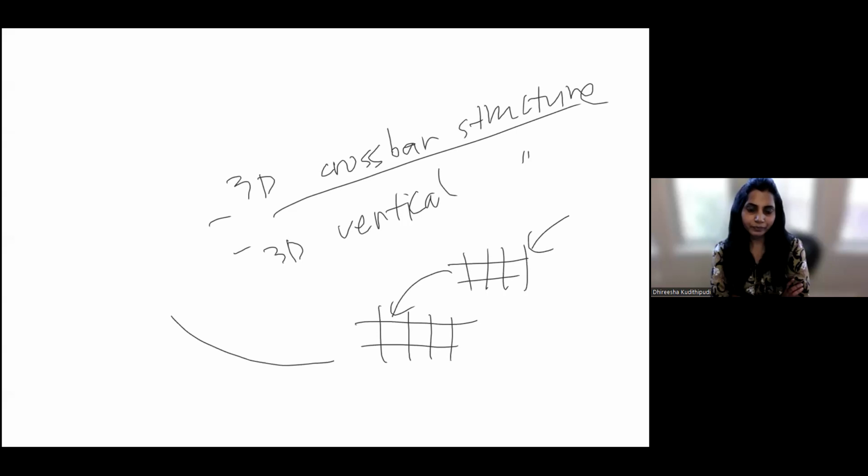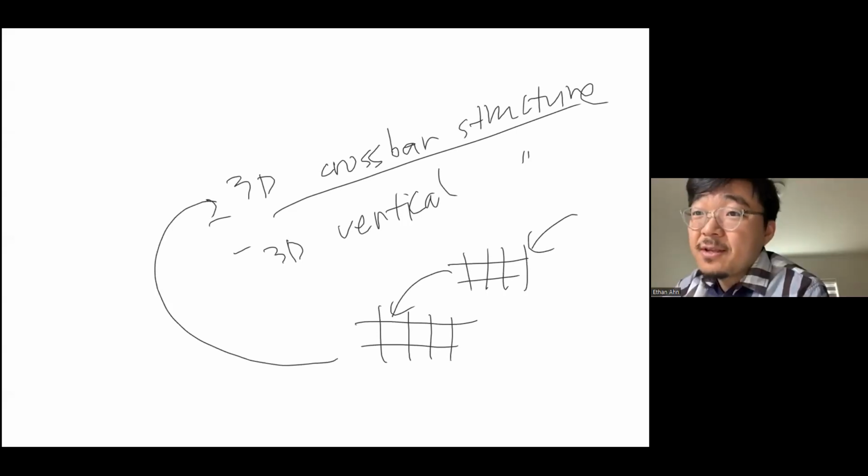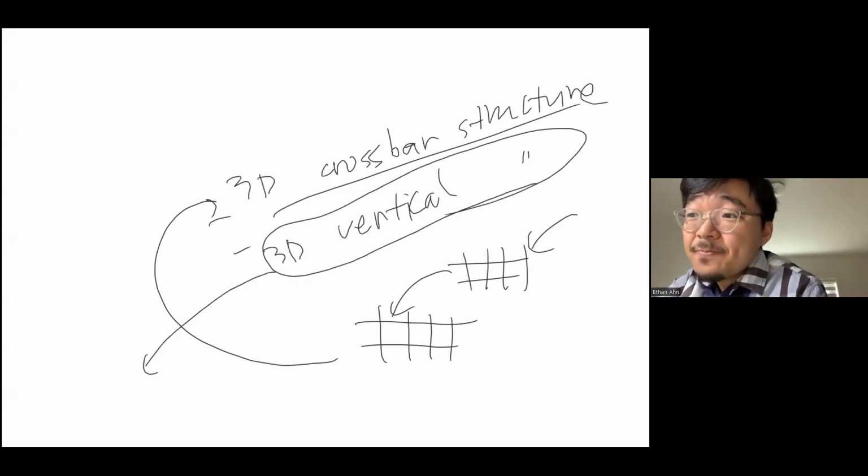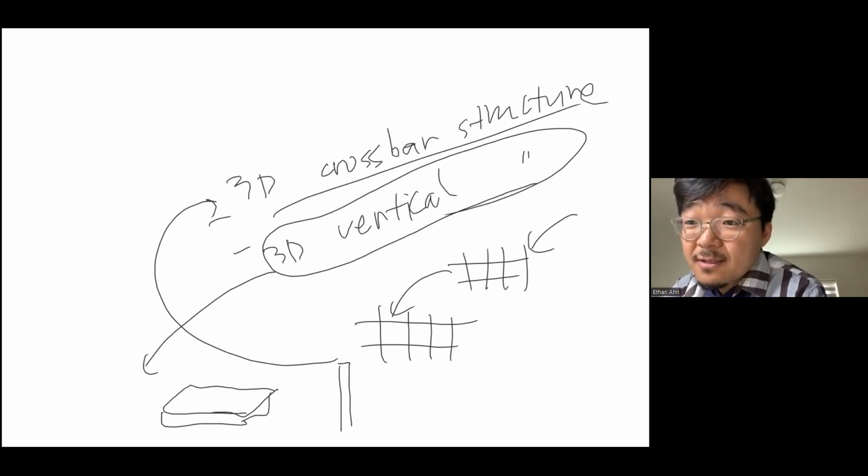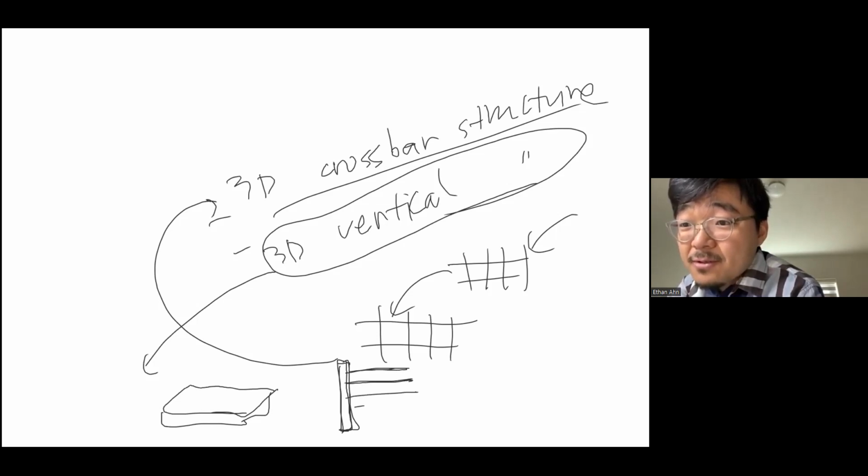This should be something that is more intuitively easy to think of. The 3D vertical is a little bit different. The device itself has a vertical structure. It's not thin films like that; rather, it has an oxide layer in a vertical, column-shaped structure, and then you have your electrode layers, top electrode, bottom electrode, top electrode, bottom electrode, something like that.